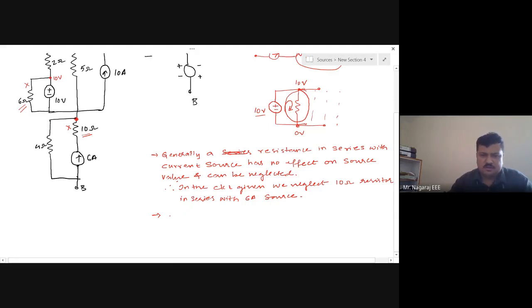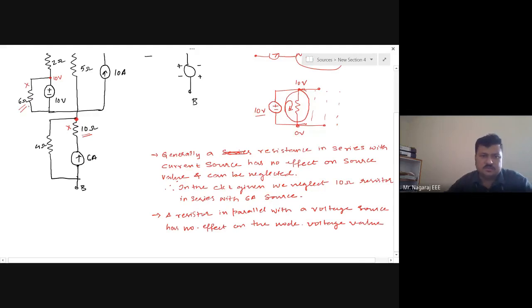A resistor in parallel with a voltage source has no effect on the node voltage value, because whether the 6 ohm is present here or absent here, this voltage will be 10 volts only.